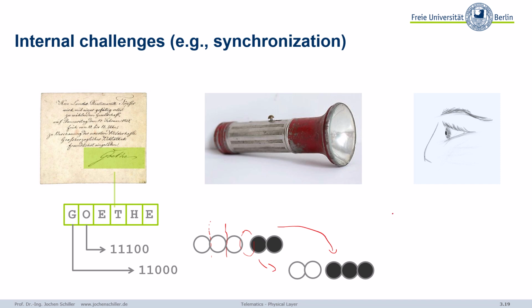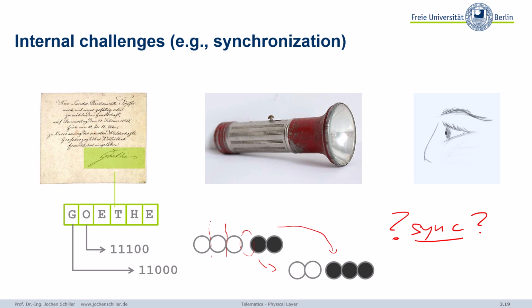The problem is at the receiver side, maybe you do not know when a bit starts, when it ends. So how to keep the receiver in sync? That's a big question. And we will see that there are ways of transmitting data that actually carry the synchronization together with the data. And then there are other ways where you do not have the synchronization, you need a separate cable for synchronization.